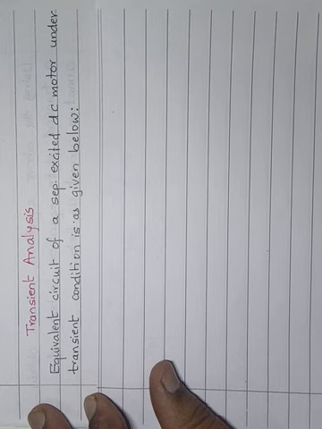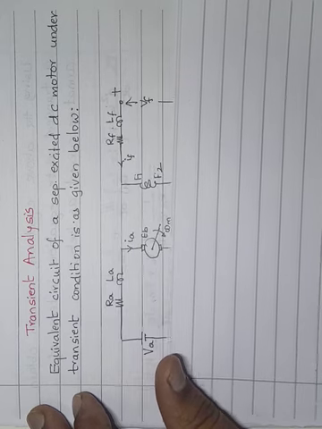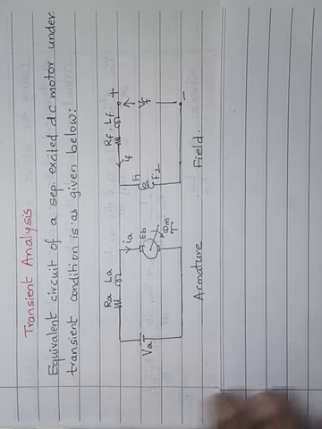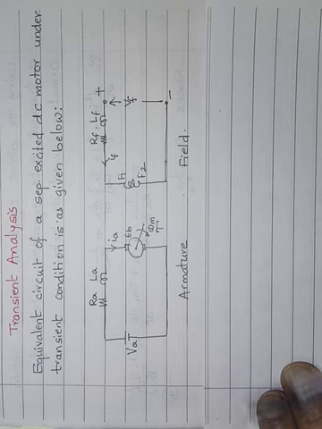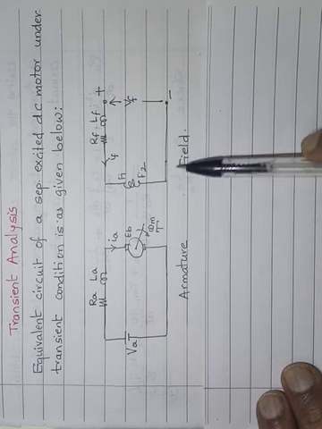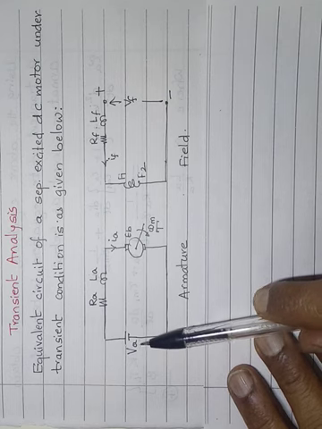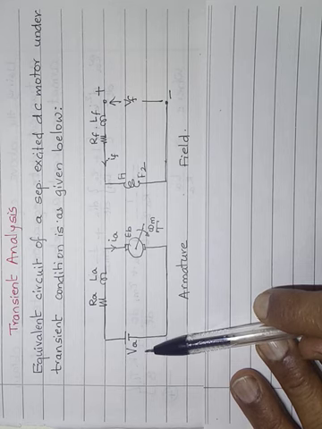Now, keeping that in mind, we will look at the equivalent circuit of separately excited DC motor. How does it look like? See here, we have armature, we have field. The armature is having the voltage applied to the armature. We can call it VA.